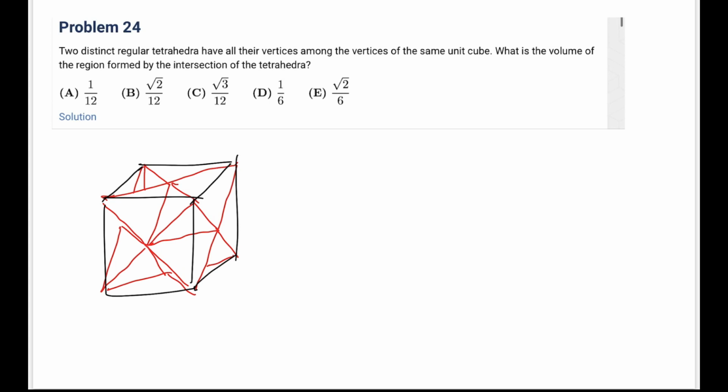And so first we have to notice that the intersection of the tetrahedra is basically this giant tetrahedron.